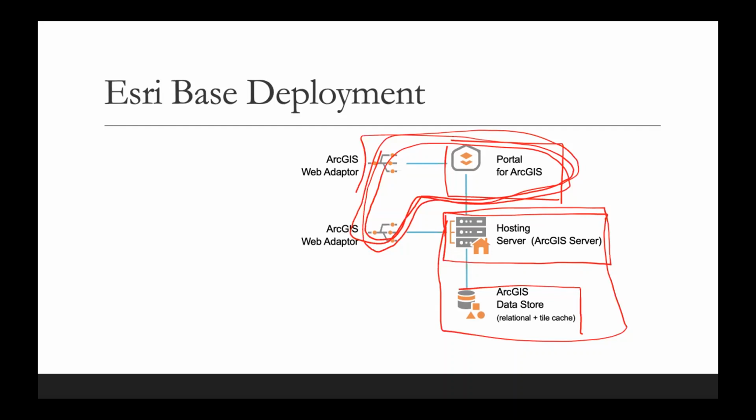Get as many servers as you can. If you can get 4, great. If you can get 3, great. 2 is better than 1. I wouldn't put Enterprise on one server unless I was developing, and most Esri people will tell you that if you back them into a corner. Don't use it for production on one server.